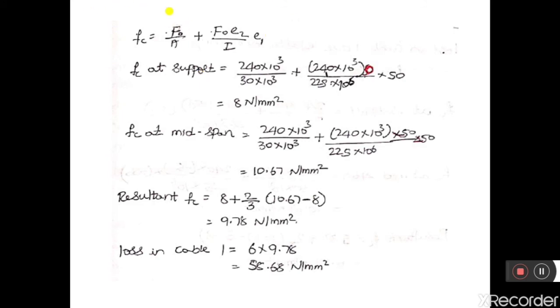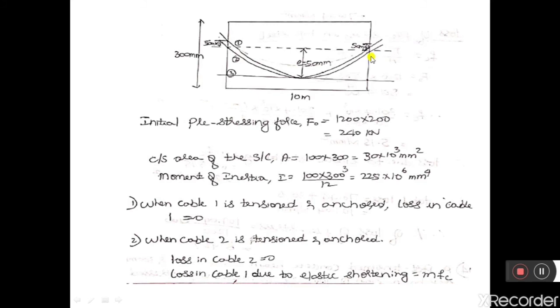F naught we have calculated 240 kilonewton. A, the cross section area of the member, we have calculated. So substitute the values here. E2 is the eccentricity of cable 2 at support, which is equal to 0, and eccentricity of cable 1 at support is 50.